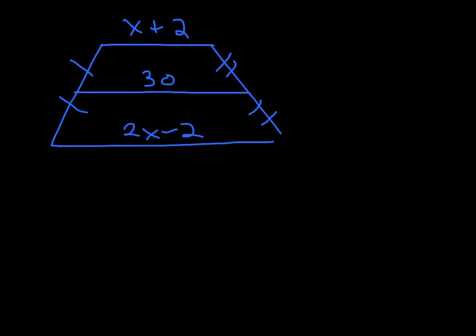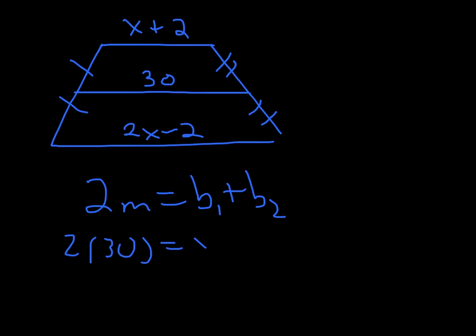So, using our formula, 2 medians equal base 1 plus base 2. I'll use this one so we don't have a fraction. And so 2 times 30 equals the sum of the bases, x plus 2 plus 2x minus 2. So that's 60 equals 3x.